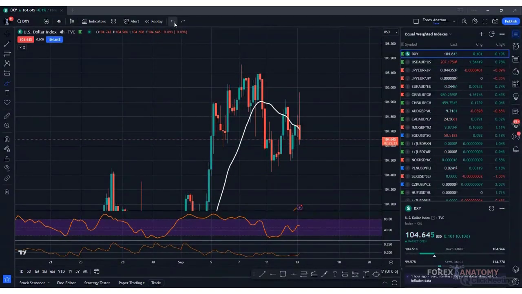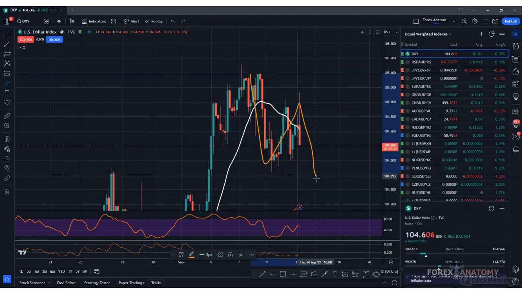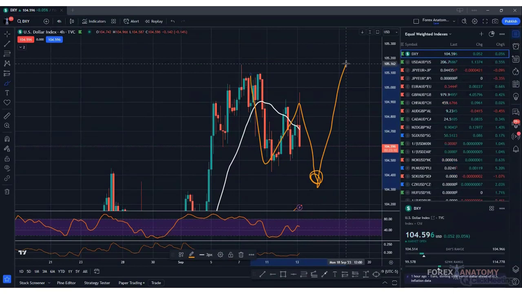But yeah, we could be seeing price giving us that 3-wave correction, leg A, leg B, leg C, before we see price actually push up and before we see the dollar strengthen. So that's something that we definitely have to bear in mind whenever we look at these announcements. We have to bear in mind what's happening technically as well.